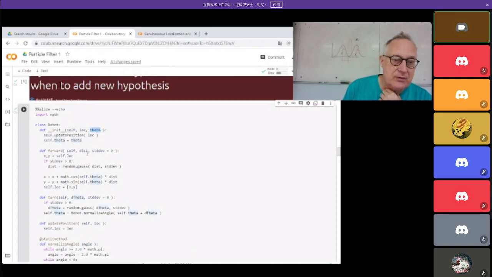Now, if the robot drives forward, then we have a motion model which has a standard deviation, some noise that we can add into the motion of the robot. So this is a more realistic robot model than what we discussed before. It actually has an orientation. It's 2.5D, and it can turn left, right, and go forward and backwards, so it can do more than just go along a straight line.